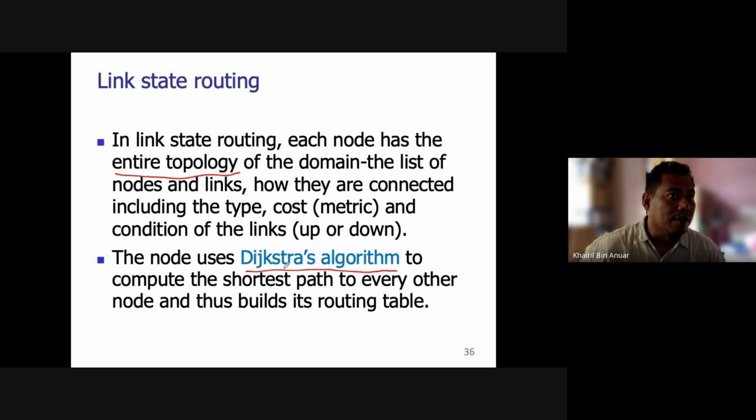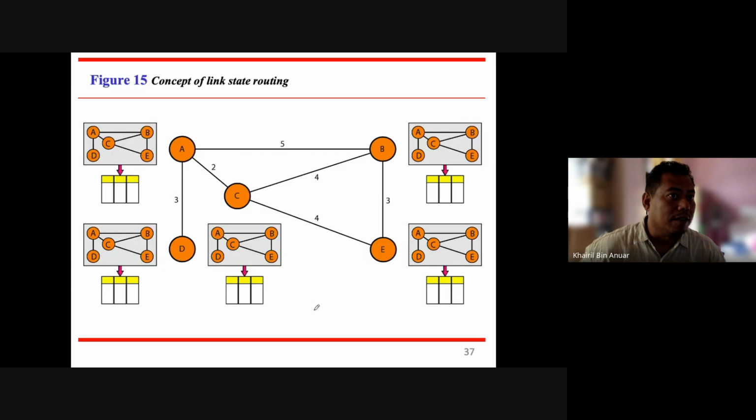So you use the Dijkstra algorithm to compute the shortest path to every other node, and this builds its routing table. It is not being updated as the topology is; it will be updated based on the next hop cost and the IP addresses.